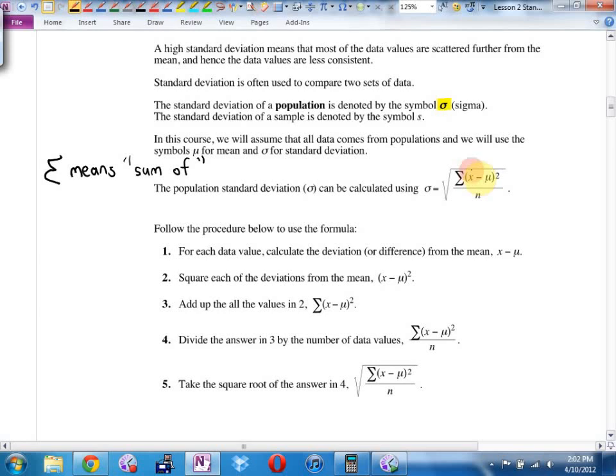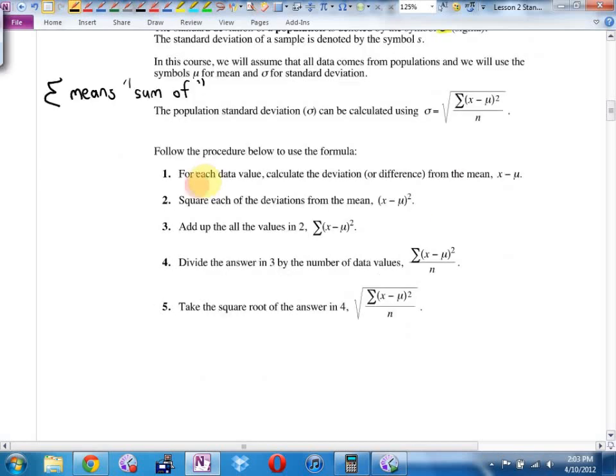Devin, this says find the difference between your data and the mean. X is your data, mu is the mean. Square the answers to get rid of negatives. Add them up, the sum of. Divide by how many there are. Square root your final answer. That's how I write that 1 page of instructions in one equation.